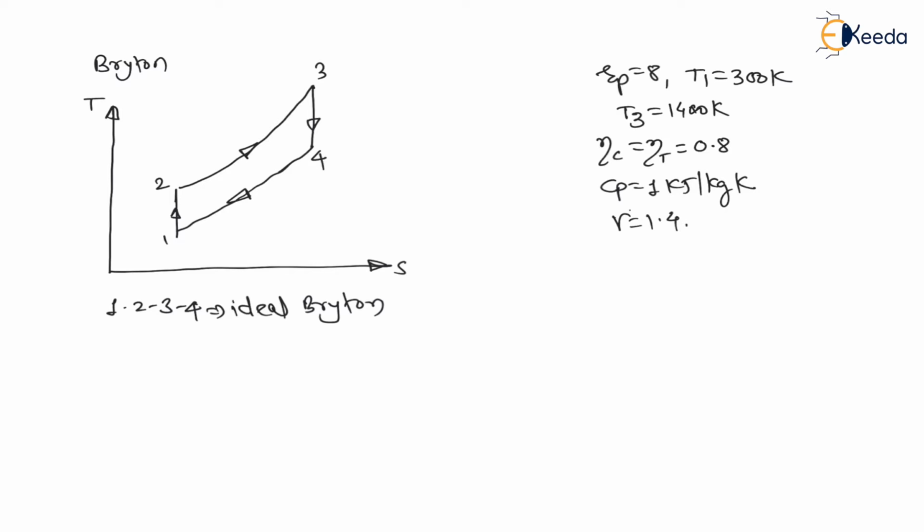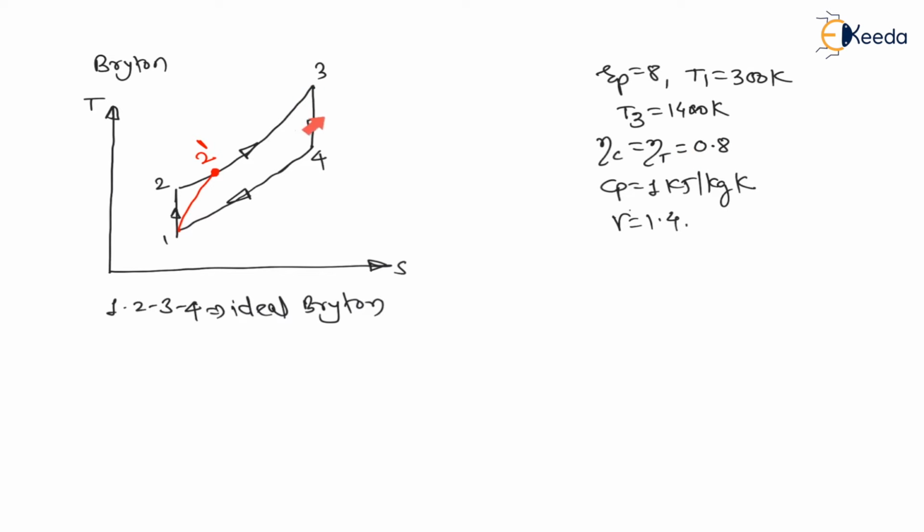Ideal Brayton cycle without losses in compressor and turbine. Now my dear students, whenever there are losses in compressor, that is 1 to 2, because of friction in the compressor, temperature at the end of compression will increase. Therefore the actual compression will be 1 to 2 dash. 1 to 2 dash is actual compression. And again 3 to 4 is turbine, and there are losses in turbine because turbine efficiency is given.